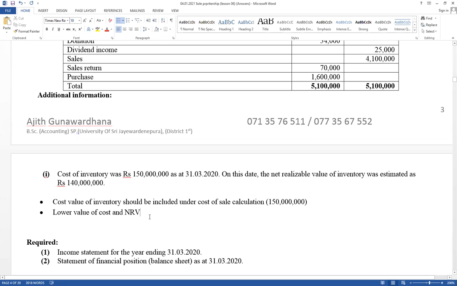Cost and net realizable value should be included under current assets. Inventory is assets. Therefore, under current assets, as inventory, should be included low value.